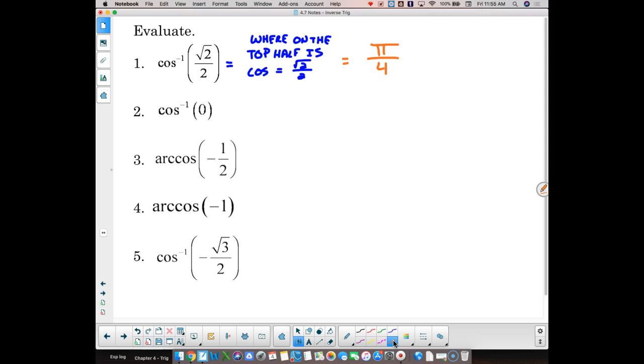Top half of the unit circle, where is the cosine equal to 0? Pi over 2. X value is 0 at pi over 2.